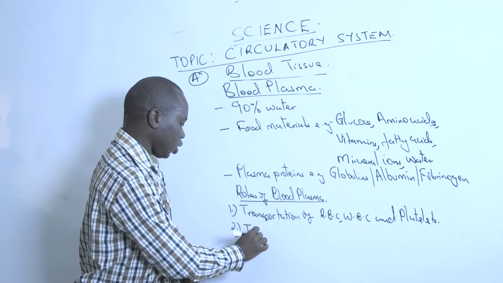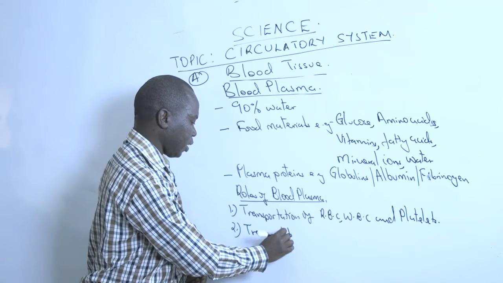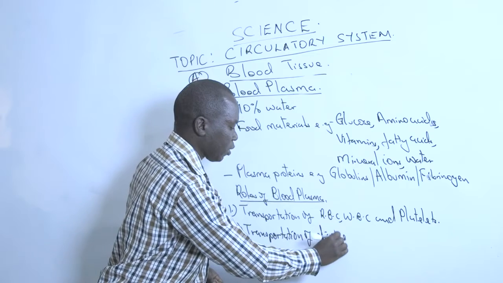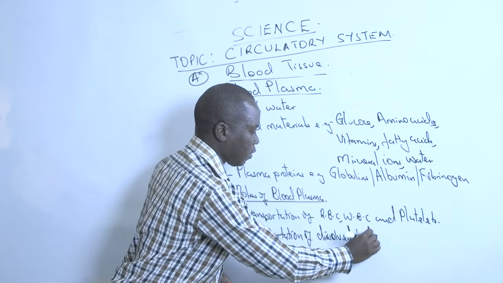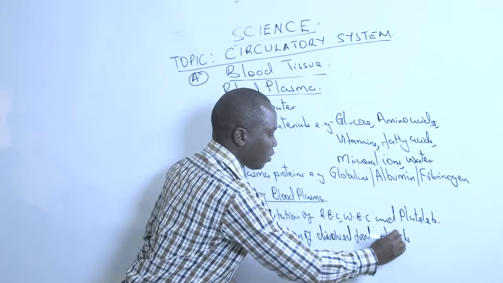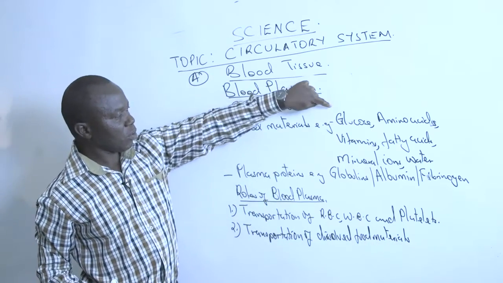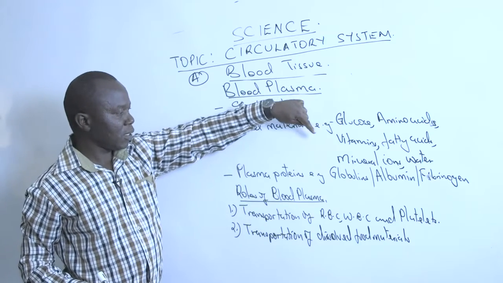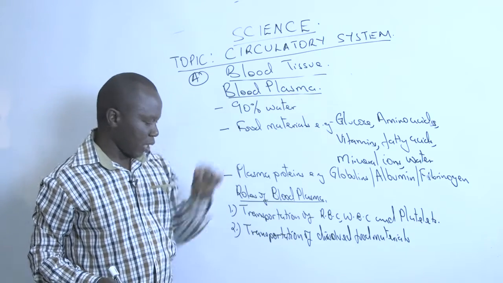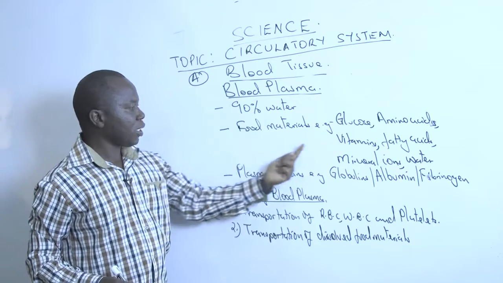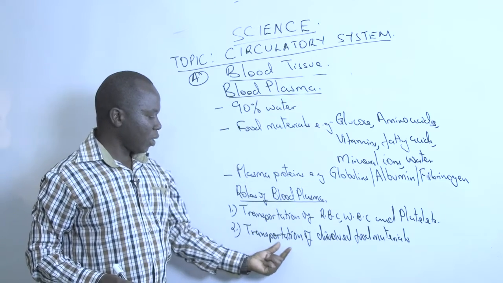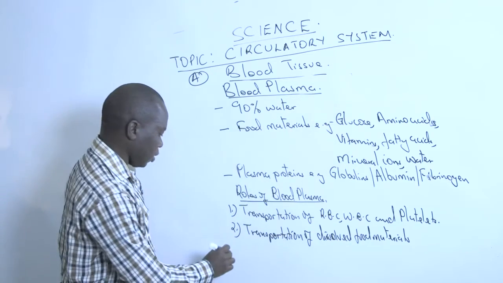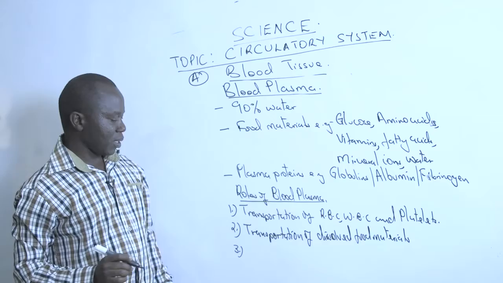Another role is that it is a medium for transportation of dissolved food materials. Remember, we have mentioned glucose, amino acids, vitamins, fatty acids, mineral ions, and water. So if plasma contains all these, then it's going to act as a medium for transportation of these food materials to cells that require them.